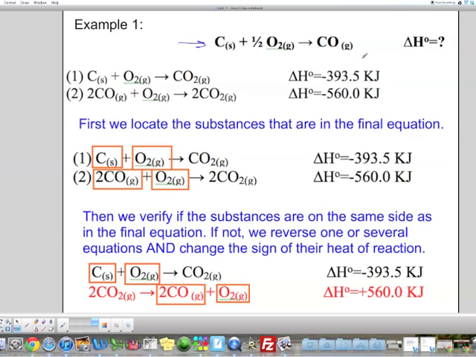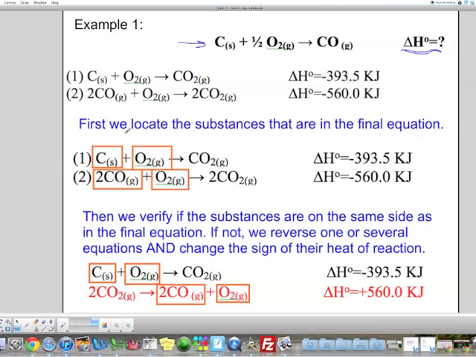So based on that knowledge, I will be able to determine the missing value here. I know that this process releases this amount of energy, and this reaction releases this amount of energy. So I need to add up these two steps in order to obtain this and figure out how much energy would be involved in this particular system.